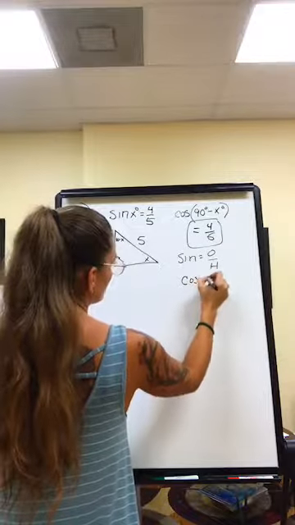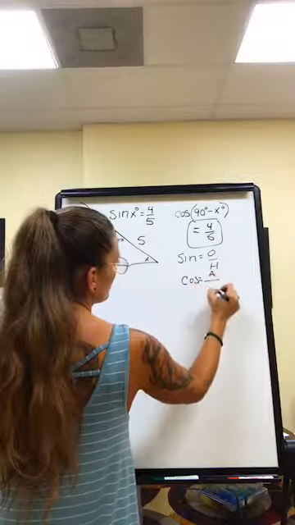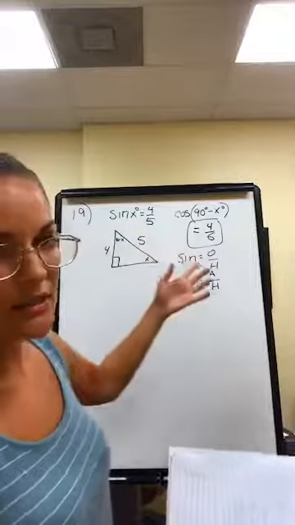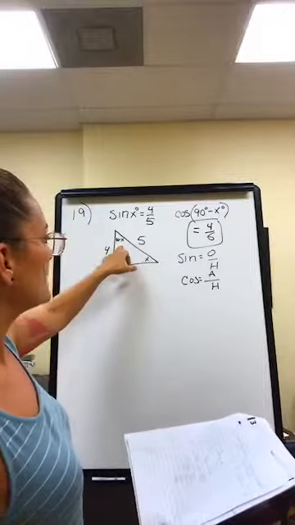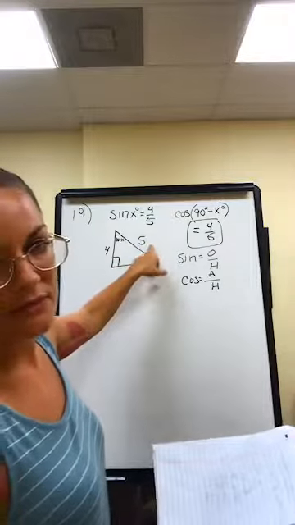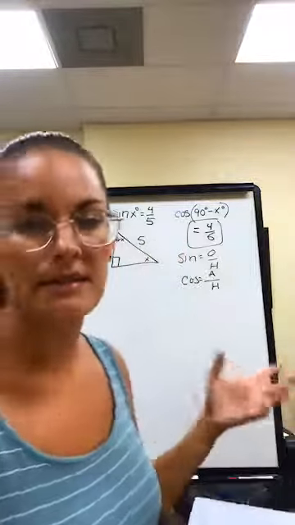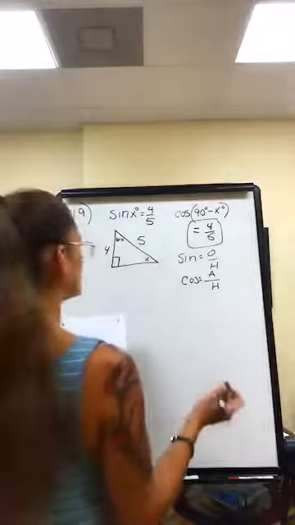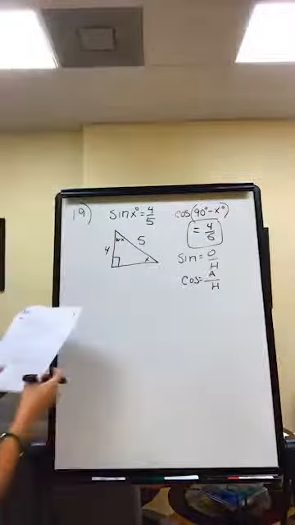Cosine is adjacent over hypotenuse. So if you look at the other angle, 90 minus x, the adjacent side is 4, the hypotenuse is 5. You can piece it together if you don't remember all the rules. So that's our answer, 4/5.